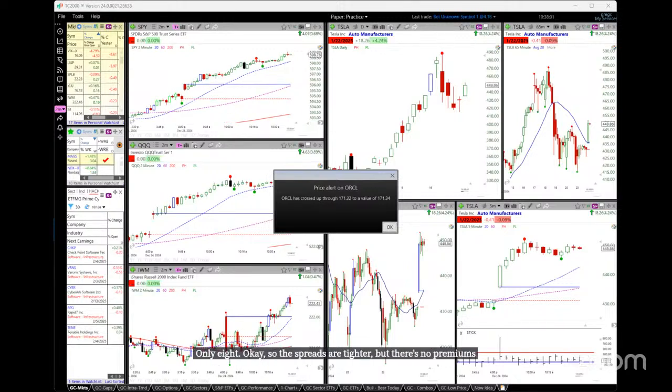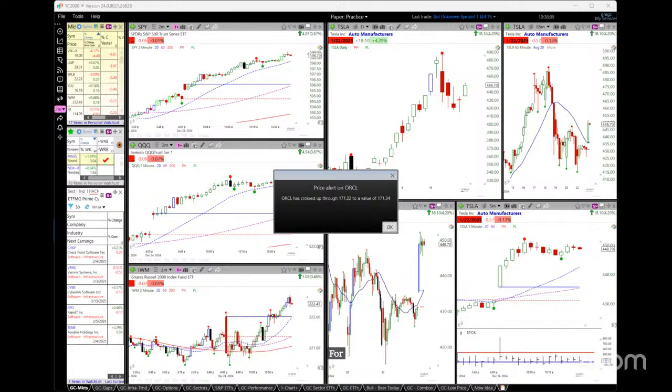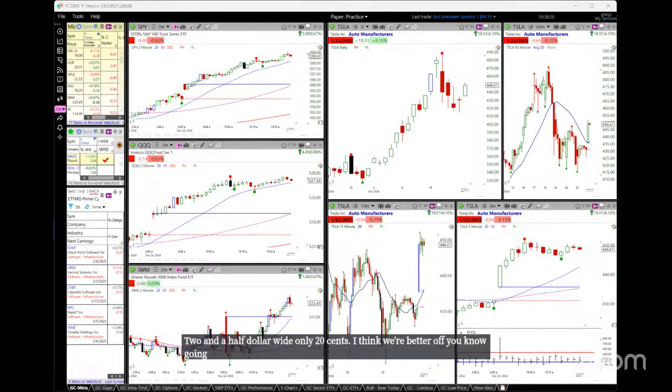Bid 8 cents for next week. 82.50, 30 cents. That's not very rich. $2.50 wide, only 20 cents. I think we're better off going hunting and buying some of these climbos.